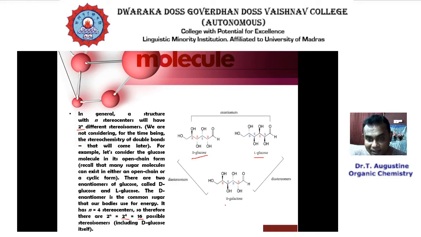And this is galactose. You can see the correlation between galactose and glucose here, whereas D-glucose and L-glucose are enantiomers. You can see they have exactly opposite configuration at the stereocenters, whereas D-glucose and D-galactose are a pair of diastereomers, and L-glucose and D-galactose are also a pair of diastereomers, and one can identify the difference in the configuration.